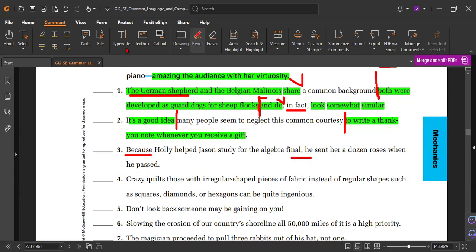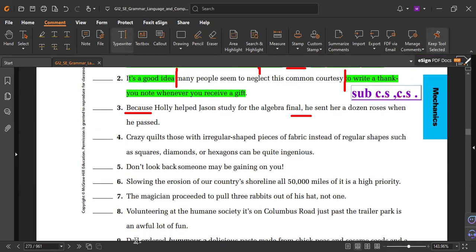You write the subordinating conjunction, always memorize it. Subordinating conjunction, complete clause, comma, complete clause, full stop, correct. We use this comma because we have a subordinating conjunction at the beginning. This is the reason.